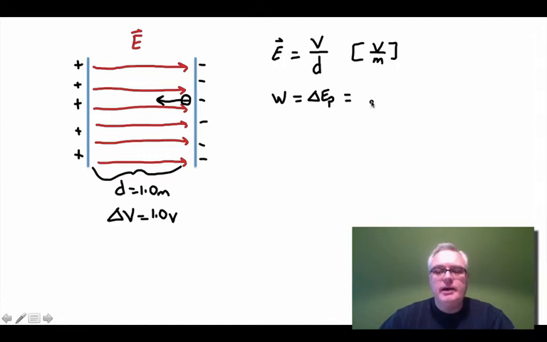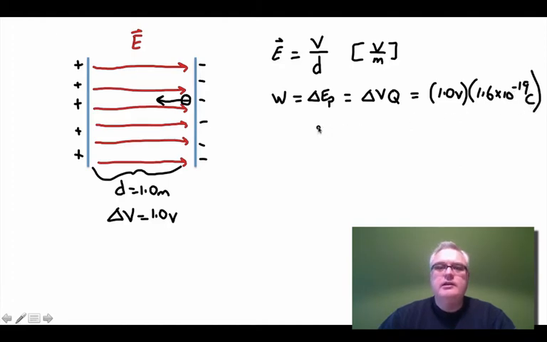And going back to previous equations, we know that the change in energy is the potential difference times the charge. So in this example again, we have a 1 volt potential difference, and we know the charge on the electron. So we know that the work done is 1.6 times 10 to the negative 19 joules.